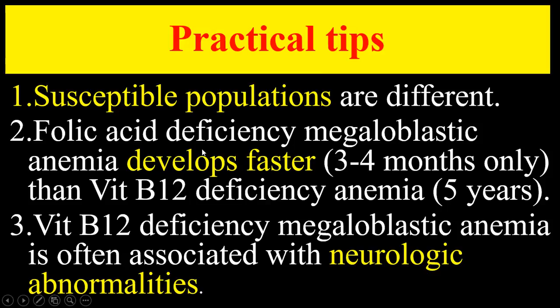Second, in folic acid deficiency, megaloblastic anemia develops faster, within 3 to 4 months, because the store in the body is very small, while vitamin B12 deficiency anemia develops over the long term. And third, neurological abnormalities are only seen in vitamin B12 deficiency, not in folic acid deficiency. So thank you.